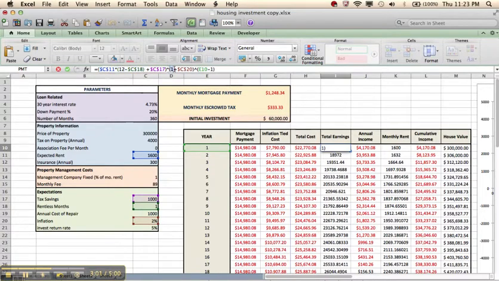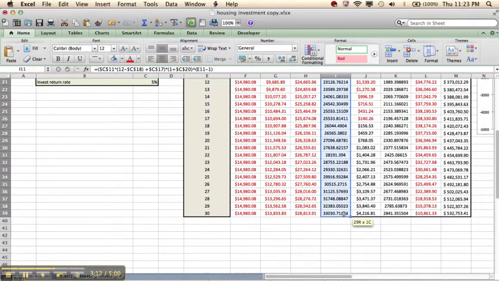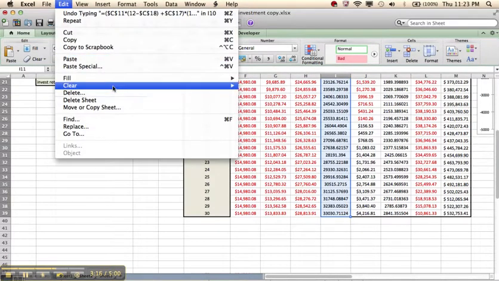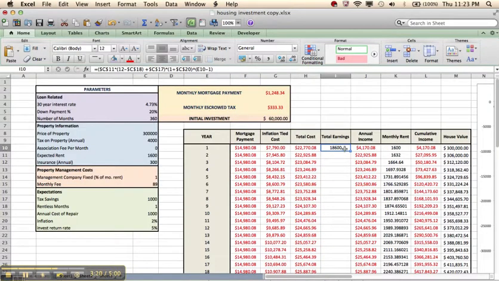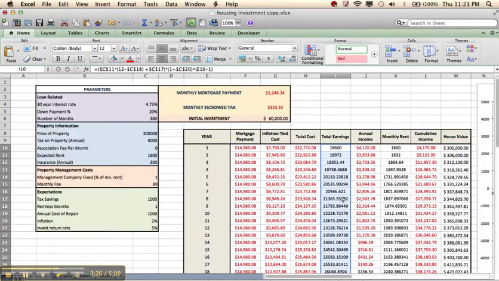So this part is again very similar to that inflation tied cost part. All right, so then once we have that, we can pull it downward. So even if we didn't have any of this, say we were writing this formula the first time around, all I have to do is write the formula for this first cell and then drag it down, and it would fill it in.